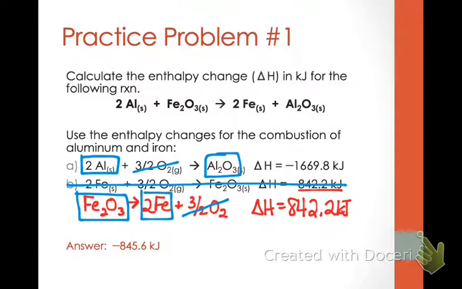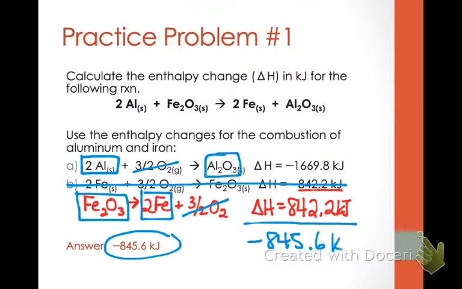So all I need to do now is add the 2 delta H's that I was given, so negative 1,669.8 kilojoules plus 842.2 kilojoules gives me my answer of negative 845.6 kilojoules, like so. Okay, so that is practice problem 1.